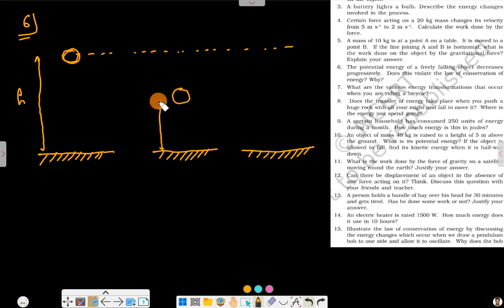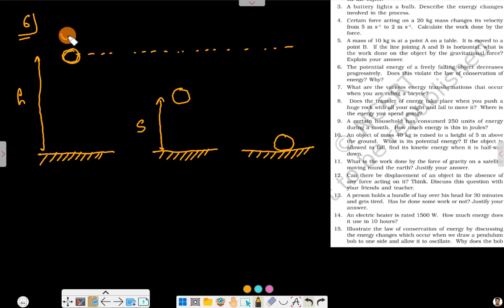Suppose this height is s, and after some time the object has reached the ground. Okay, so in the question it has been asked that if the object is falling, its potential energy is decreasing, and if its potential energy is decreasing, does it mean that there is a violation of the law of conservation of energy?